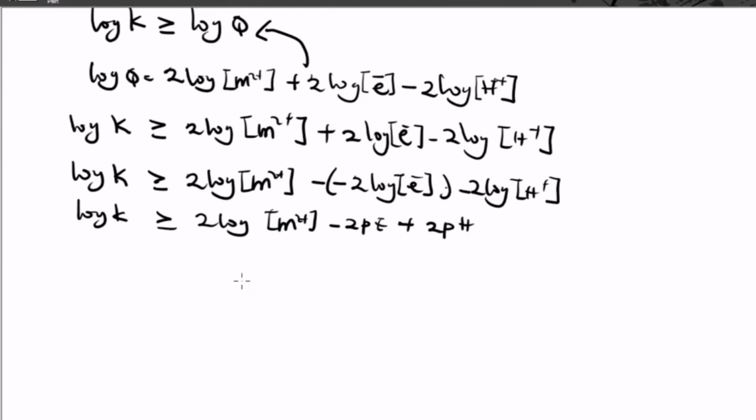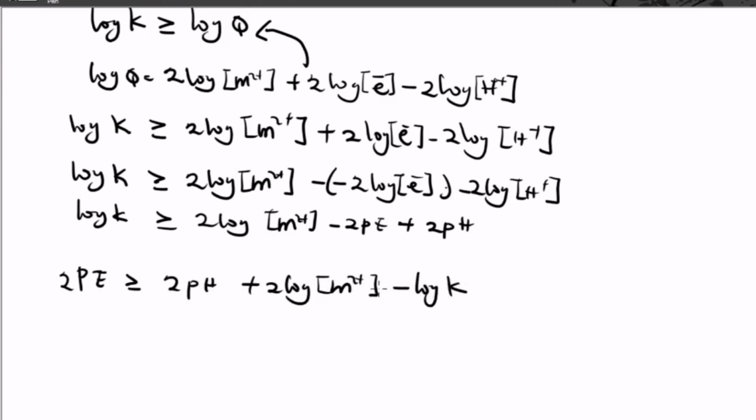So we plot pE against pH, and we try making pE the subject. So 2 pE will be greater than or equal to, sending the log K to that side, 2 pH plus 2 log M2+ minus log K.